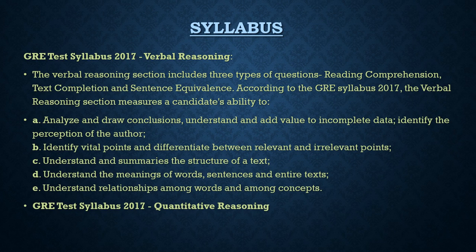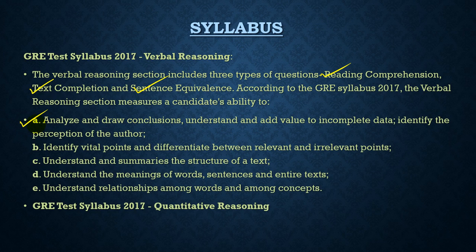What is the GRE syllabus? The GRE 2017 syllabus began with verbal reasoning. The verbal reasoning section consists of three types of questions: reading comprehension, text completion, and sentence equivalence. Now, what is asked in the verbal reasoning is to analyze and draw conclusions.